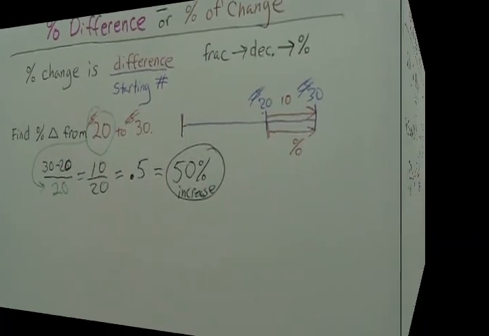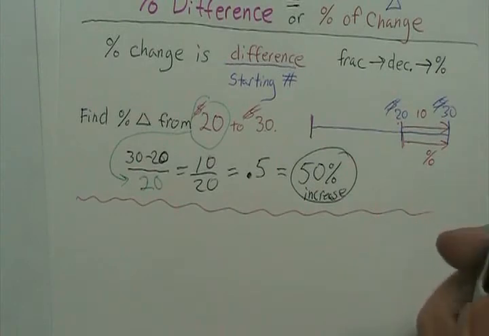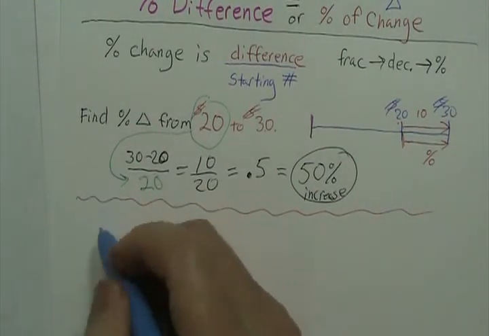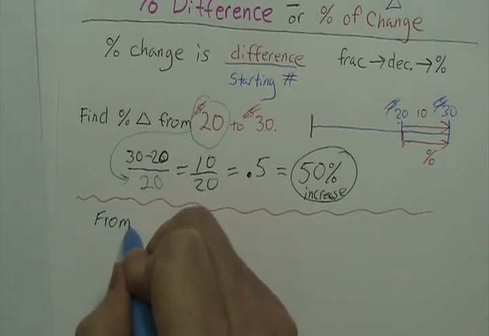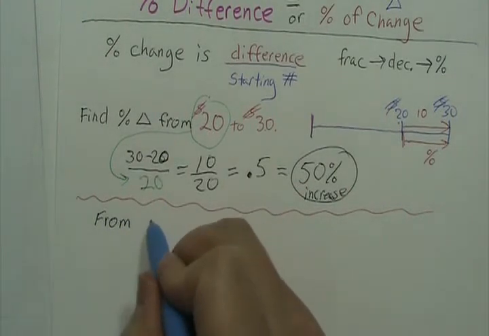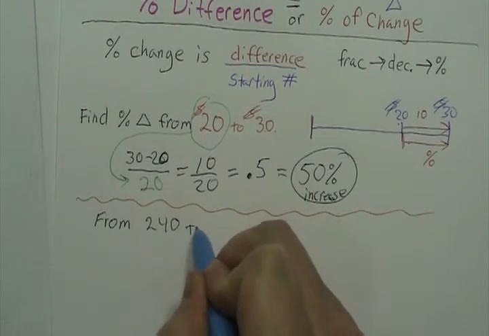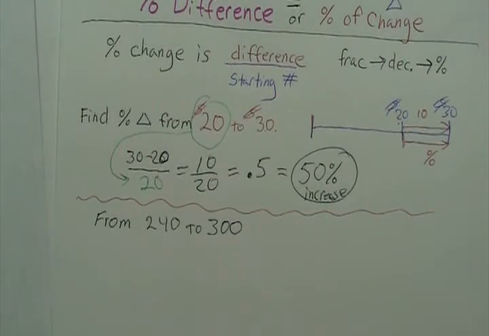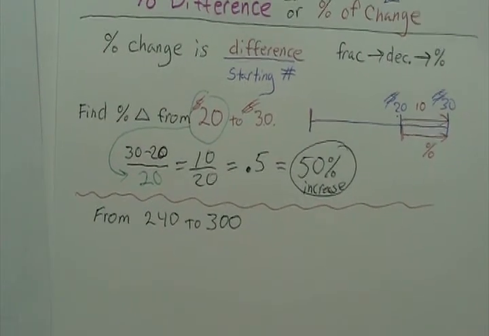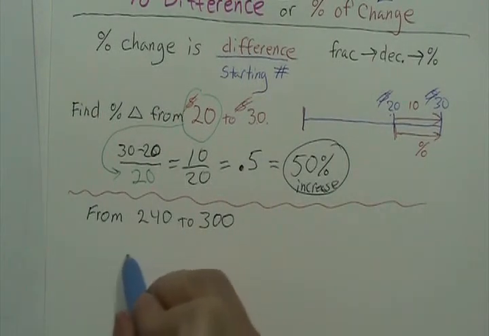Let's try another example. Okay, so I'm going to go from $240 to $300. I need to find the percent increase from 240 to 300. Okay, without the model, we'll do this. So let's see.